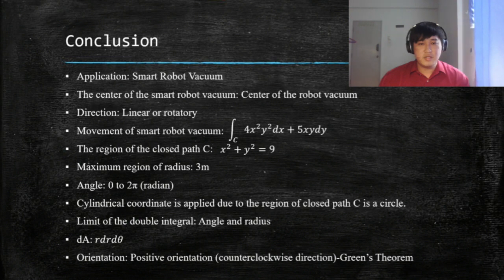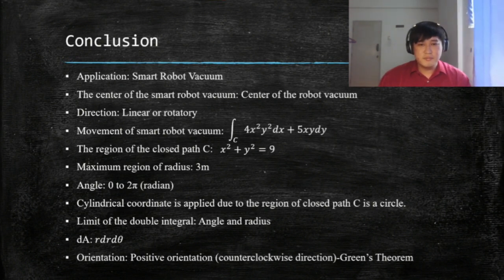Cylindrical coordinates are applied because the region of the closed path C is a circle. The limits of the double integral include the angle and radius, so dA equals r dr d theta. The radius is 3, and the limit for dr is 0 to 3, while d theta is 0 to 2 pi.